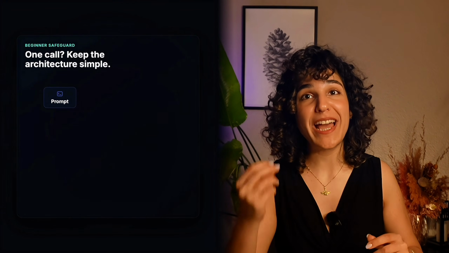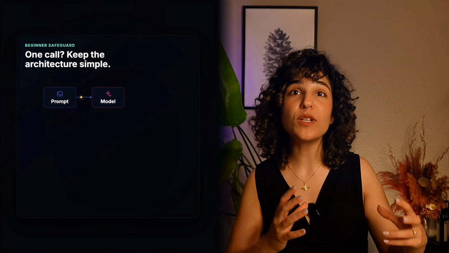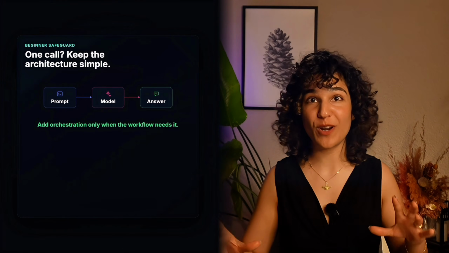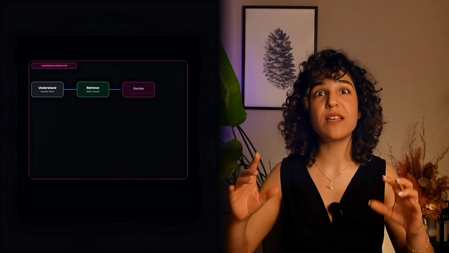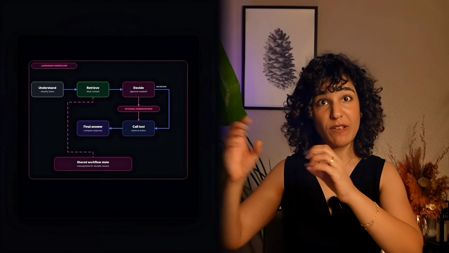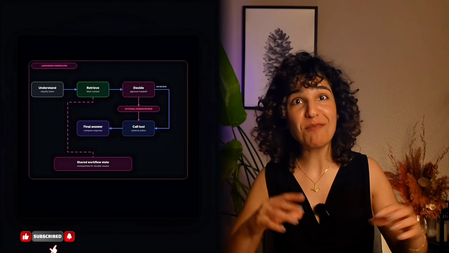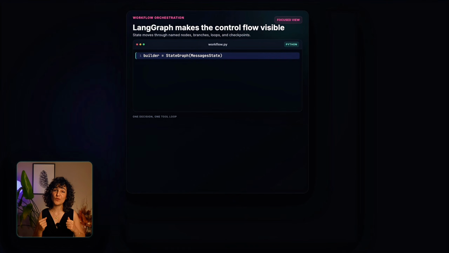Now let's come to the actual agent. If your application is simply one prompt, one model call, and one answer, you may not need an orchestration framework at all. Keep it simple. But imagine the workflow becomes: understand a question, retrieve some information, decide which tool to use, call that tool, maybe call another model, and then produce the final answer. Now we have multiple steps and decisions. This is where something like LangGraph becomes super useful.